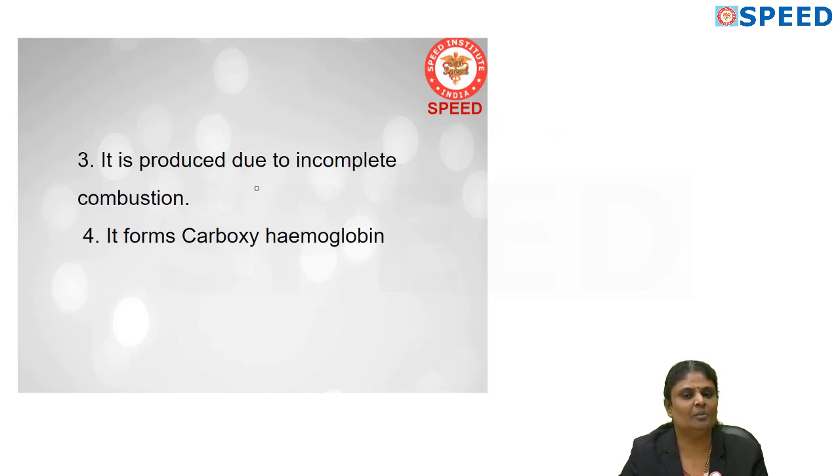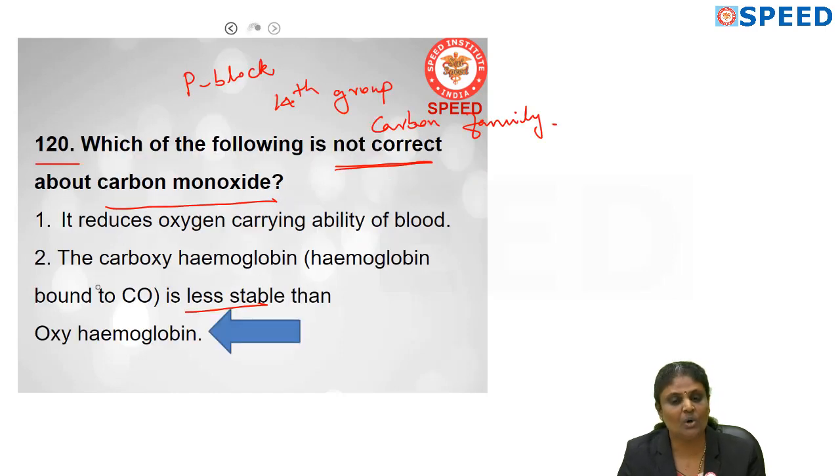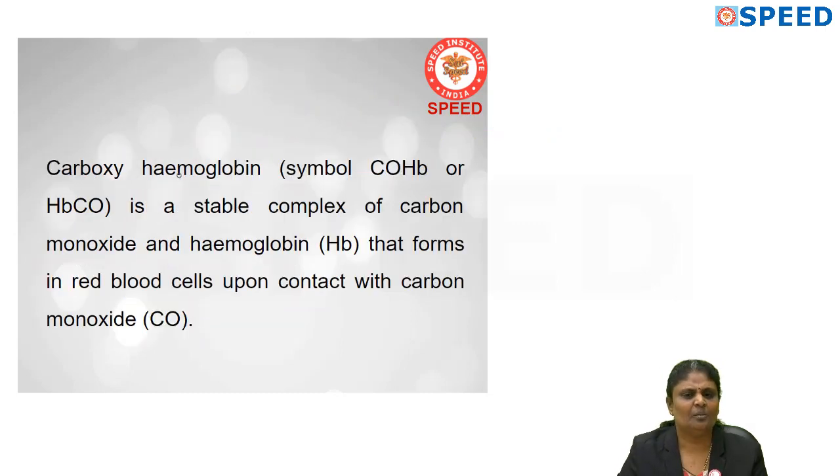So carbon monoxide is the air pollutant and poisonous gas also. And then it forms carboxyhemoglobin. So everything is correct. So the wrong answer is the carboxyhemoglobin is less stable than oxyhemoglobin.